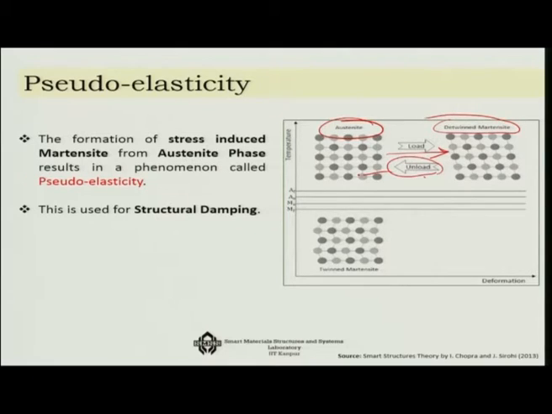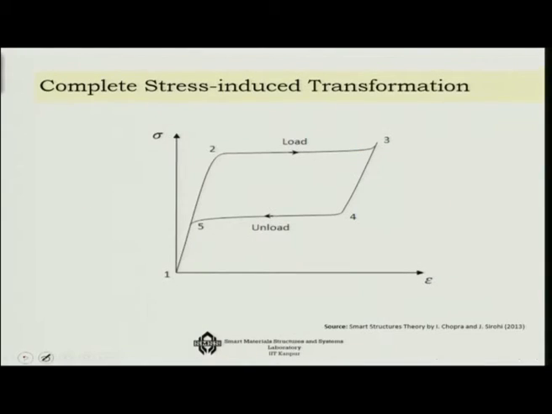So you are not coming via the twined martensite state anymore. This kind of direct transformation from austenite to detwined martensite phase has something very peculiar in this stress-strain relationship, which is known as pseudoelasticity, and this is highly used in structural damping. Let's see how this will be useful.